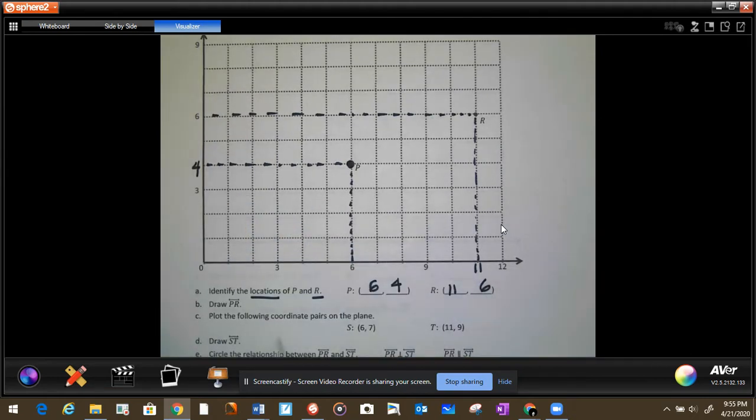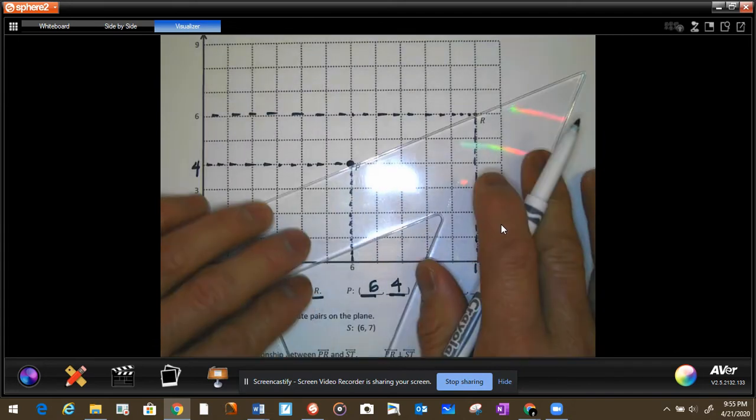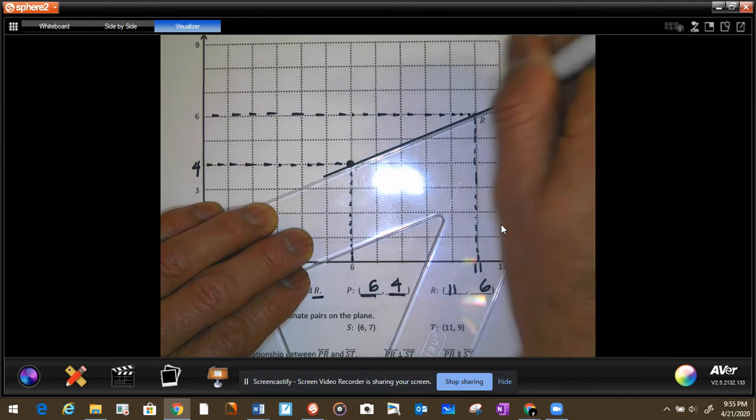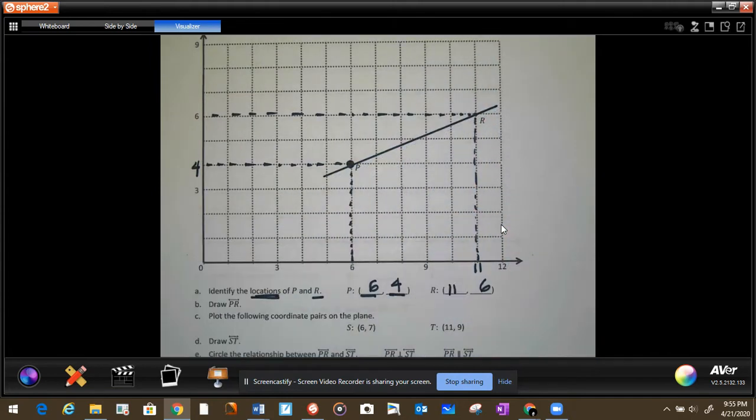All right, so we found the location, and when you find the location, you find the coordinate pairs. And now it says draw PR. Drawing means just connect the line. So we're going to show the line here. So that's a segment, the segment PR.